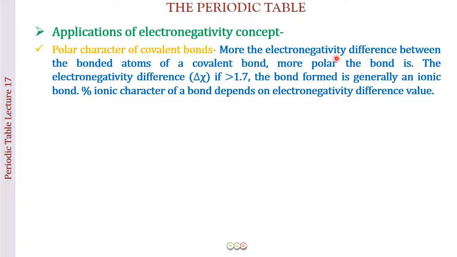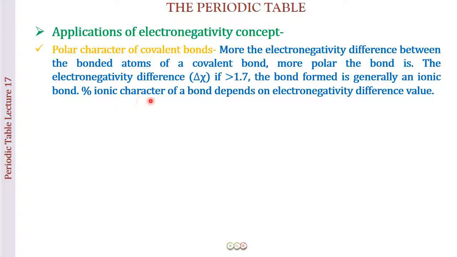So the more the electronegativity difference between the bonded atoms of a covalent bond, the more polar the bond is going to be. And if the electronegativity difference is greater than 1.7, the bond formed is generally an ionic bond, whereas if it is less than 1.7, then it is going to be a covalent bond.